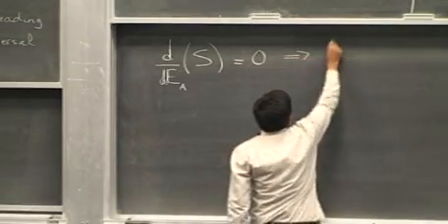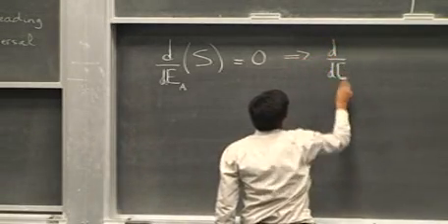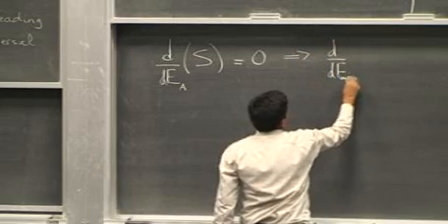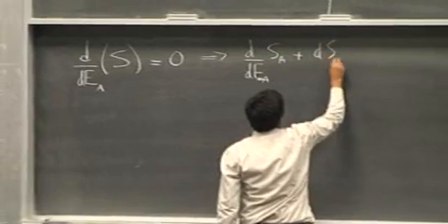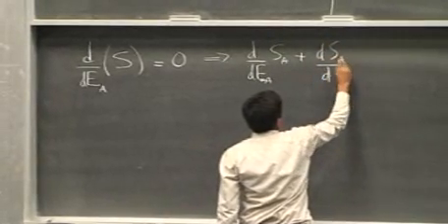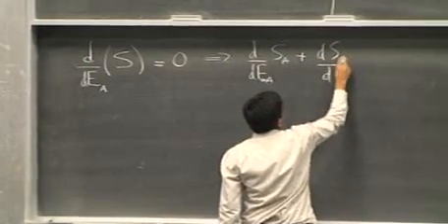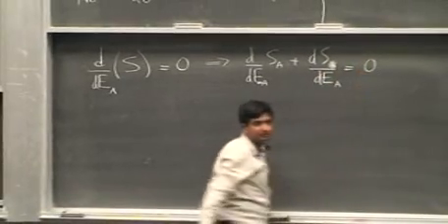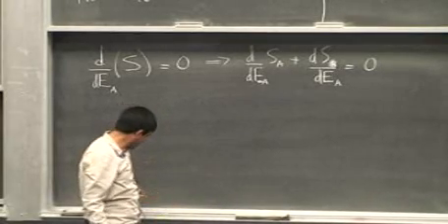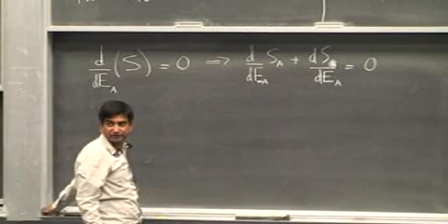This means that d by dE_A of S_A plus dS_B over dE_A has to be 0, because the total entropy is the sum of the entropies of the objects.